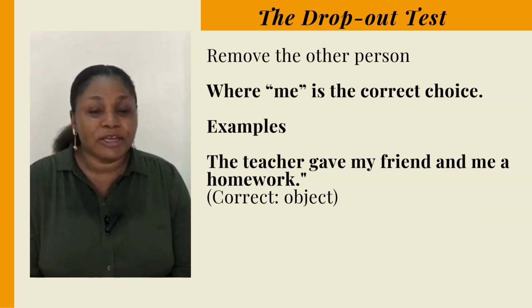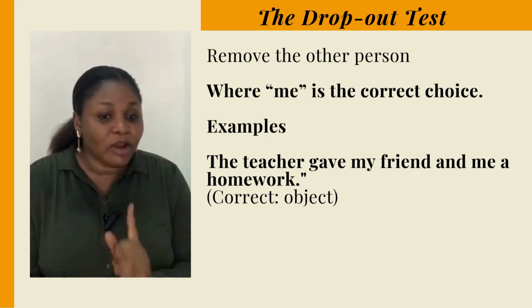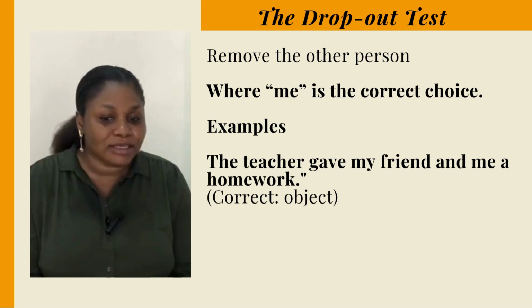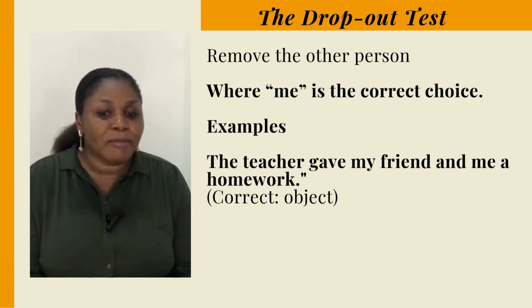Okay, so let's look at instances where me is correct using this trick. For example, my teacher gave my friend and me a homework. Now, this is very, very correct. But following this rule, we're going to take off my friend and then make the sentence and see if it's still correct. My teacher gave, we're taking off my friend, my teacher gave me a homework.